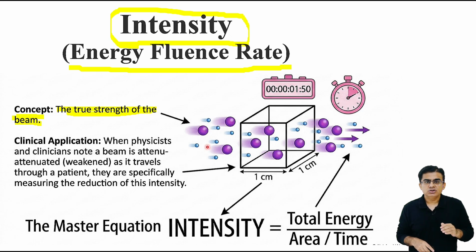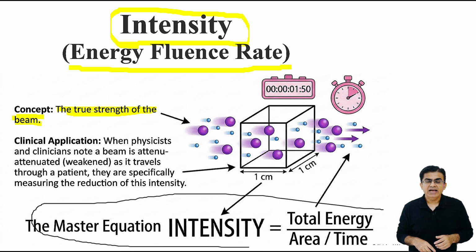We measure this total energy passing through our 1 centimeter by 1 centimeter square. But now we add the stopwatch to measure it per unit of time. Look at the master equation at the bottom of the slide. Intensity equals total energy divided by area divided by time.